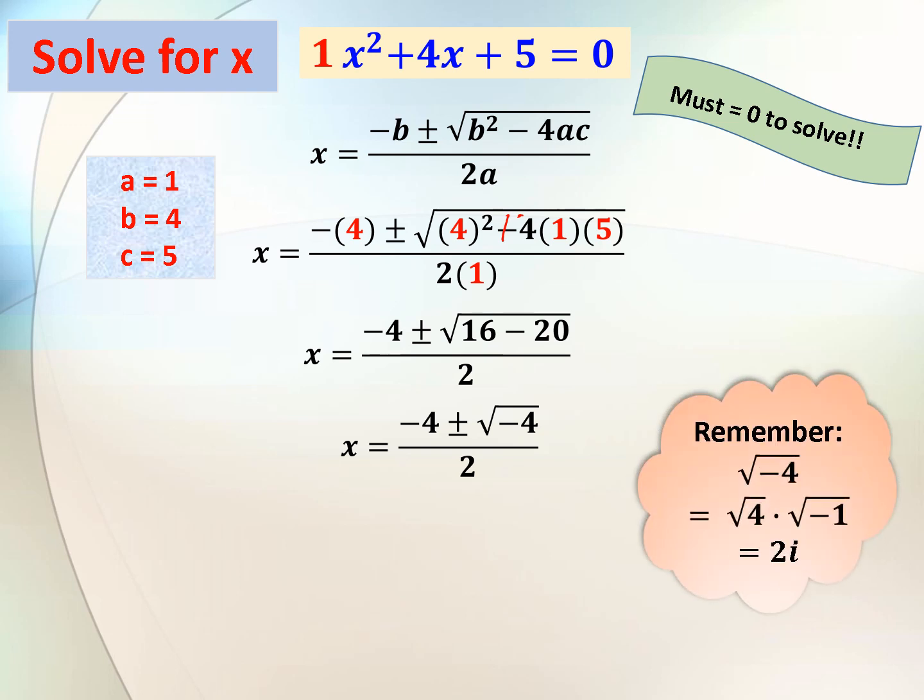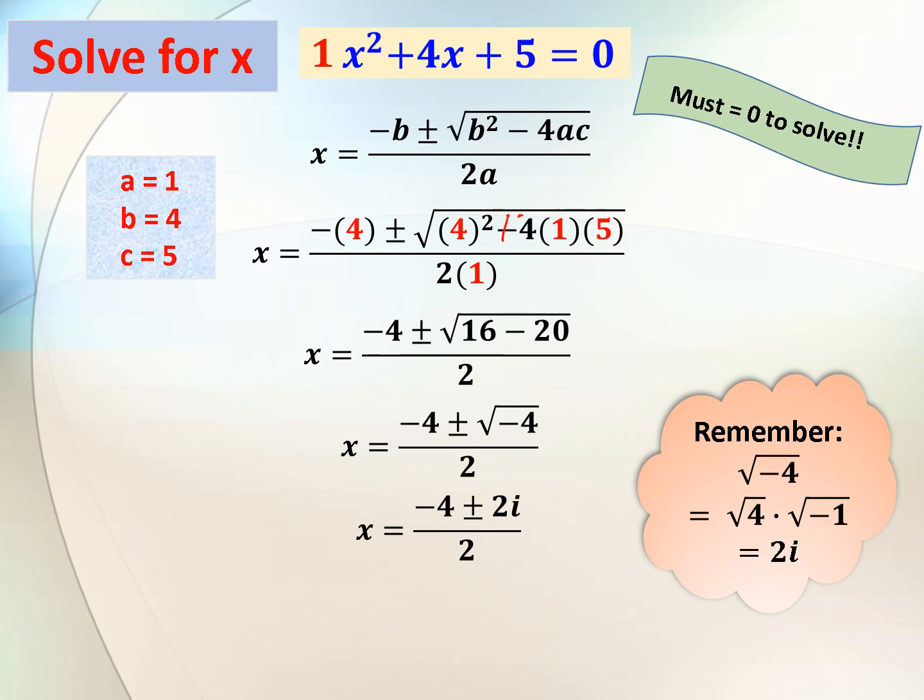If you'll remember, back from our imaginary and complex numbers lesson, the square root of negative 4 is equivalent to the square root of 4 times the square root of negative 1. Well, the square root of 4 is 2, and the square root of negative 1 is i. So we can change that to be negative 4 plus or minus 2i divided by 2.